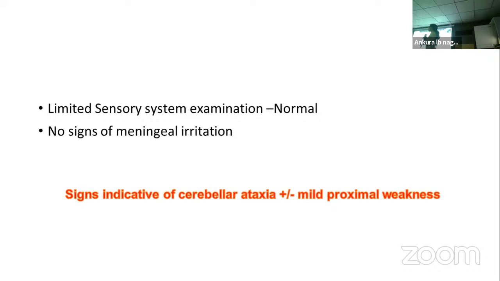Which side nystagmus? Same side, ipsilateral to the hemisphere. It is not the opposite side. Okay. I'm sure you know all this. Tandem walking. Then other tests, the maneuvers we do: heel to knee test, finger nose. Yes. Okay.